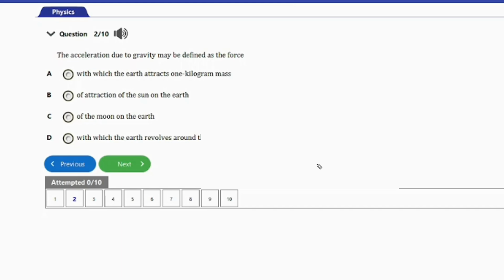So guys, the answer to this question is option A. The acceleration due to gravity can be defined as the force with which the Earth attracts 1 kilogram mass. So that's it for this question. Let's go ahead and consider the next question, guys.